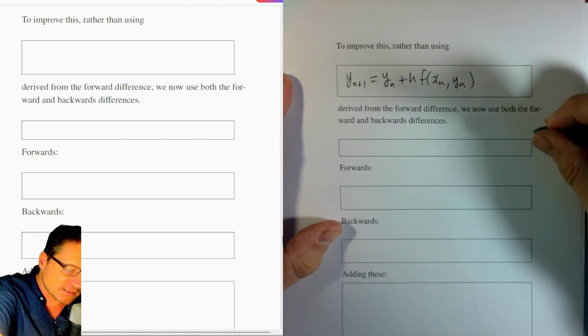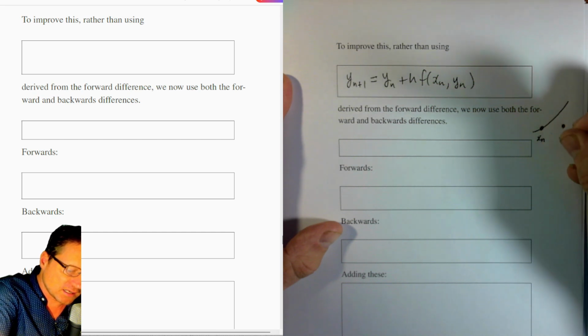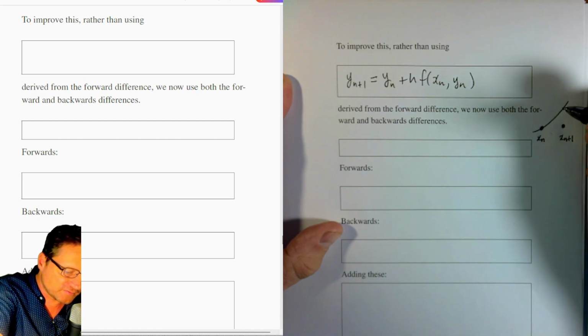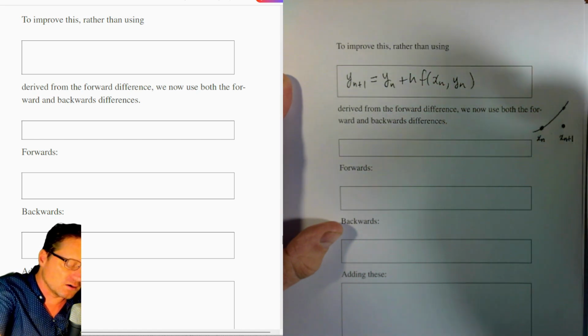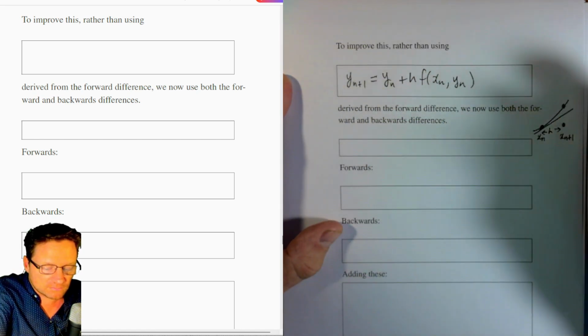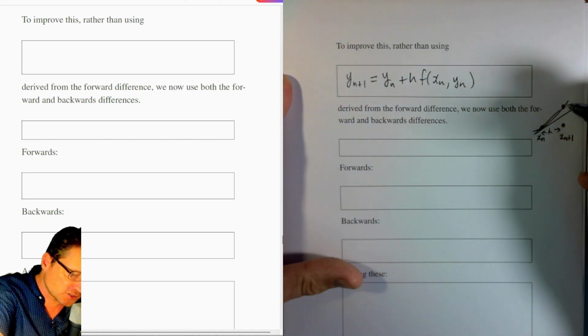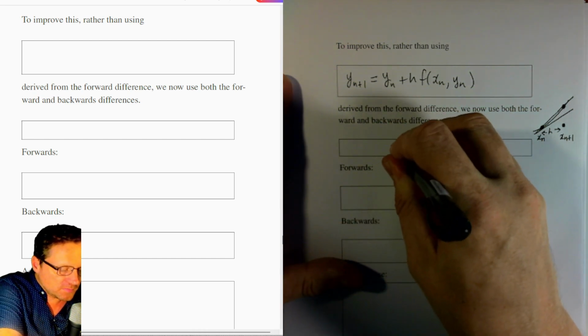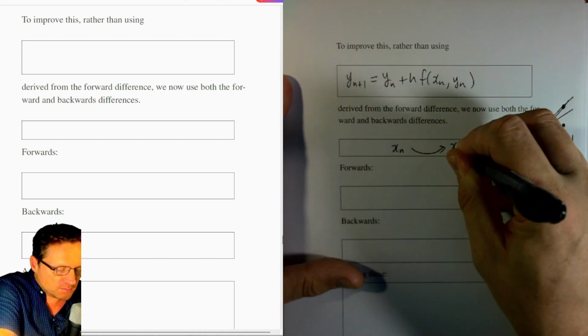So if we had a curve, and if this were xn here, this is xn plus 1, a forward difference approximation of the slope of this curve from here is approximating the slope function with the secant, right? And so this is just rise over run. All right, so you're stepping forward from xn to xn plus 1.